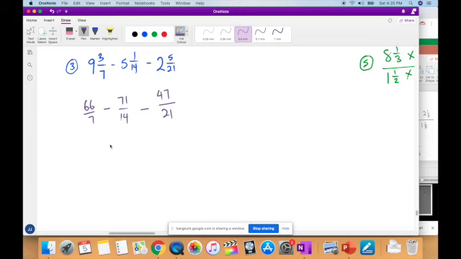That's 7, 14, and 21 and stuff. So if this was 66 over 7, this would be, well, 2. Wait, no. It'll be 71 all over 7 times a half, eh?